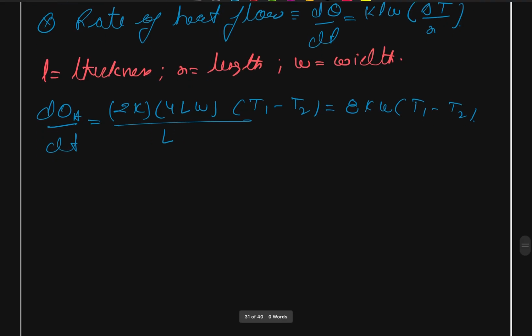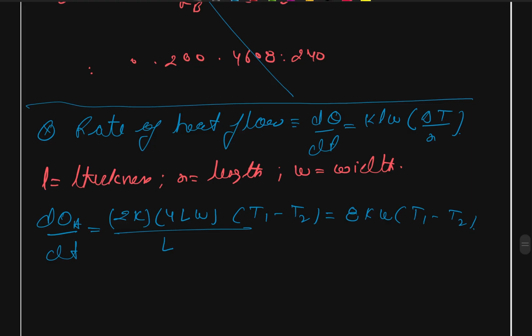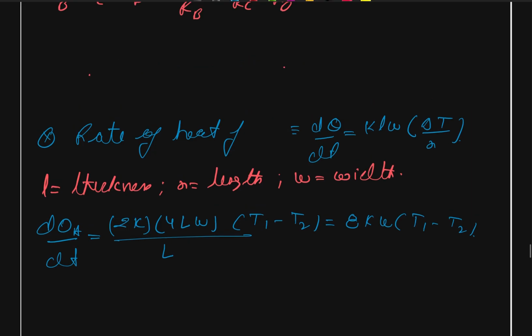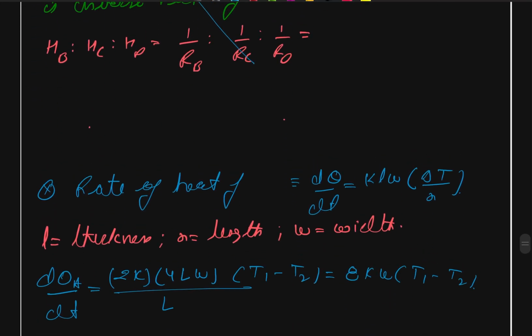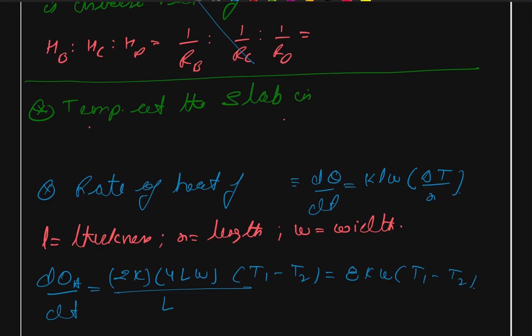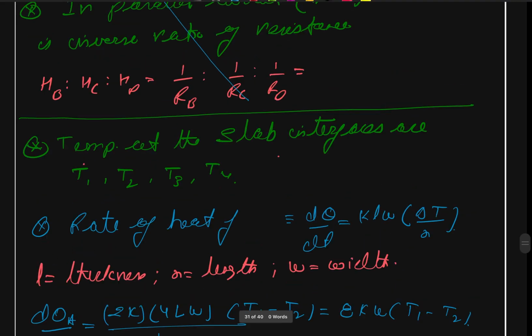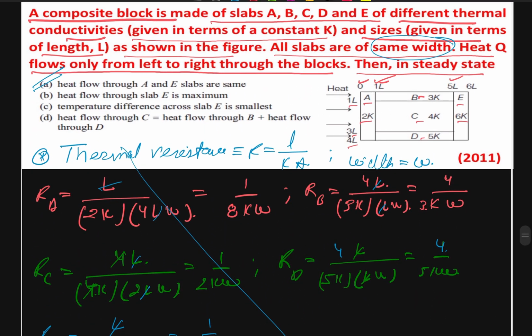Let me define the temperature at the slab interfaces are T1, T2, T3 and T4. So we are having 4 interfaces.